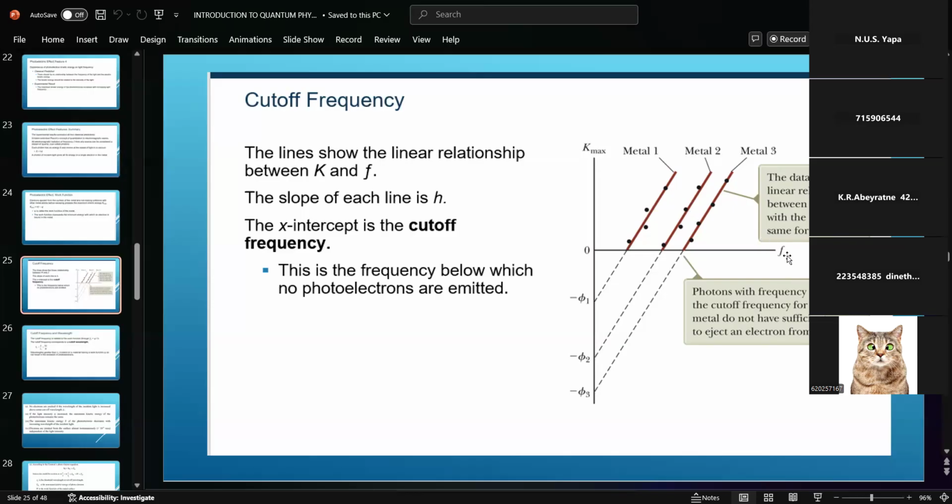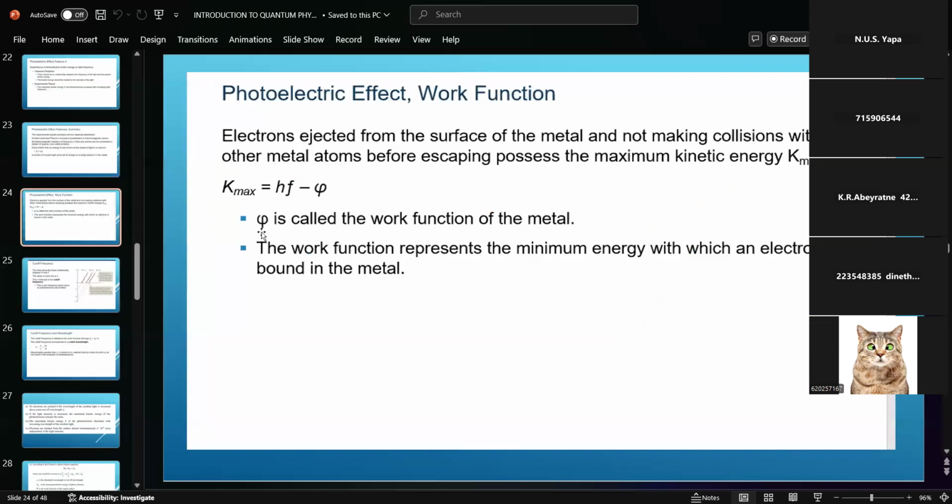Frequency f is on the x-axis and maximum kinetic energy is on the y-axis. So in this equation, K max equals hf minus psi, the relationship is related to y equals mx minus c. Can you understand? If we take K max on the y-axis and frequency on the x-axis, this is the same as y equals mx minus c, right?